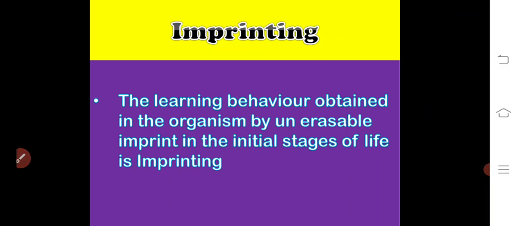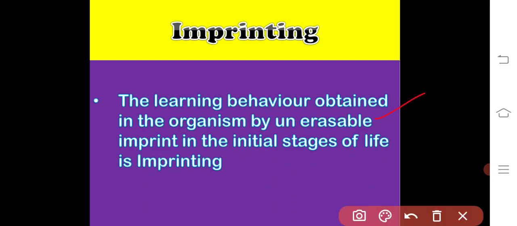Imprinting can be defined as the learning behavior obtained in the organism by an unerasable imprint in the initial stage of the life of the organism, in the childhood stage of the life of the organism.